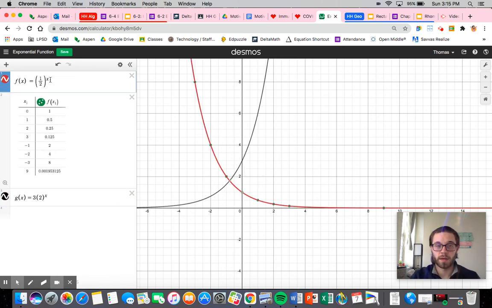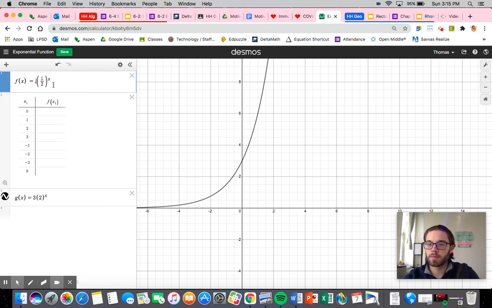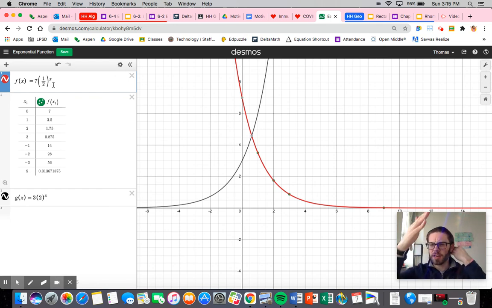So if I made this 0.2, now it's 0.2. If I made it 7, it's up to 7. So the only thing that is changing from that front is a little bit of the steepness, but really it's also changing the y-intercept.